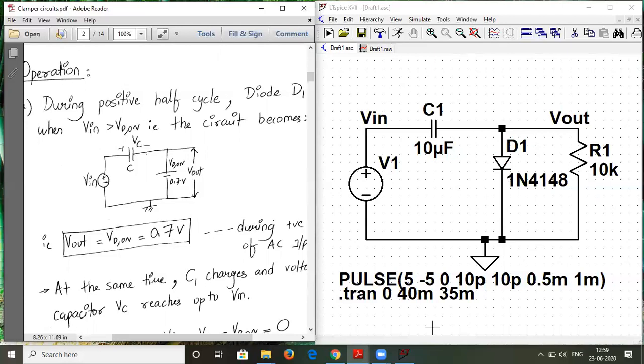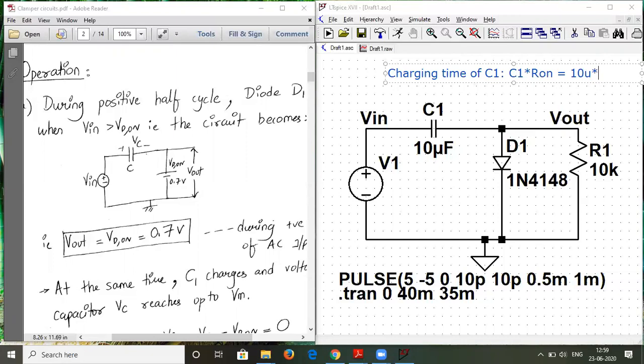Let me give you some numbers. Let me open up the annotation. So, let's calculate the charging time hypothetically. The charging time constant of capacitor C1 will be given by C1 times the on state resistance of the diode, R on. The value of C1 we have is around 10 microfarad, and that you multiply by, let's say, the on resistance of the diode, which is very small.